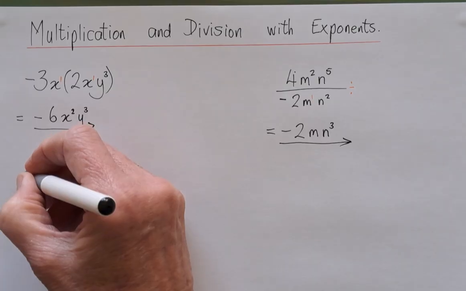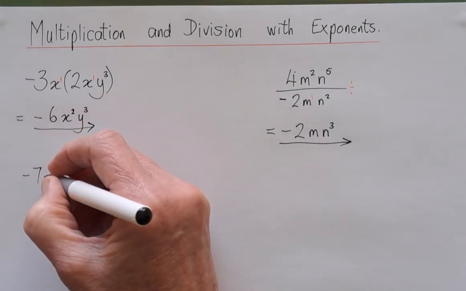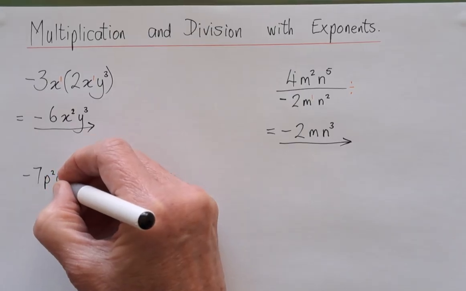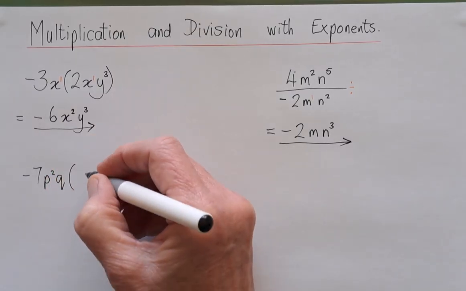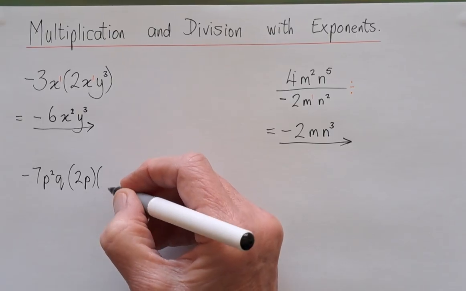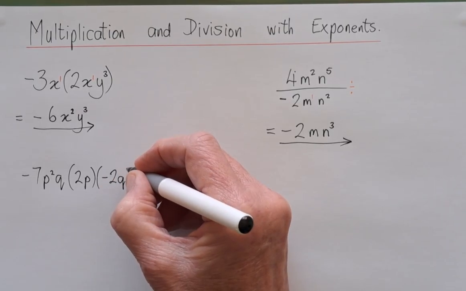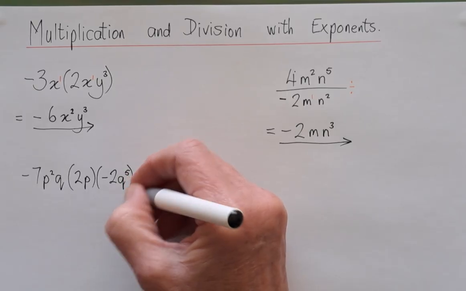We can have a number of things multiplied together at the same time. So let's take negative 7p squared q. Remember, brackets mean times 2p. And then I'm going to have another thing multiplied, a negative 2q to the power of 5.